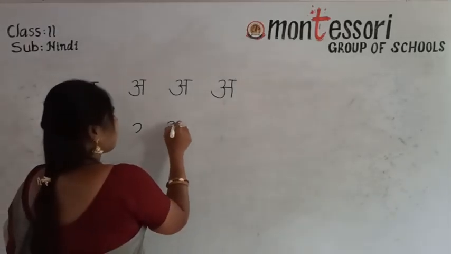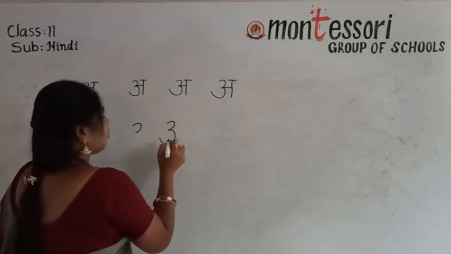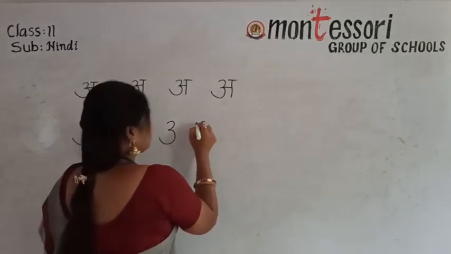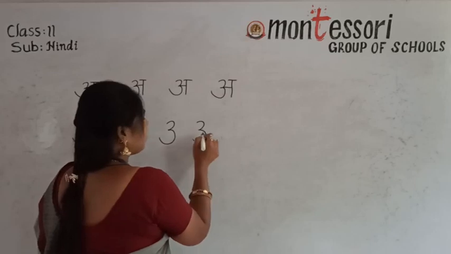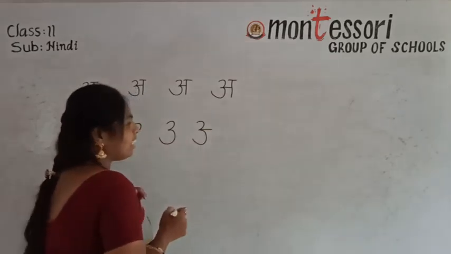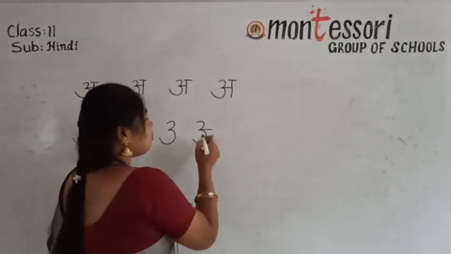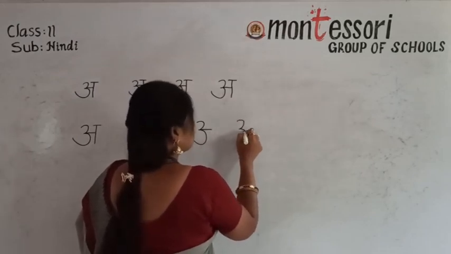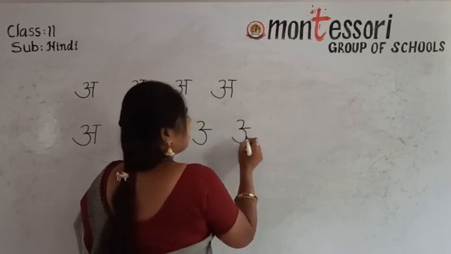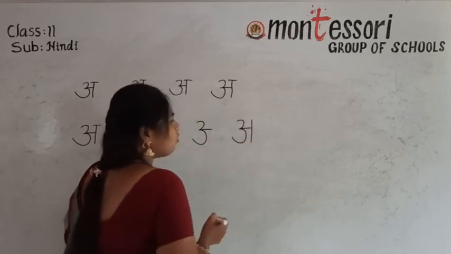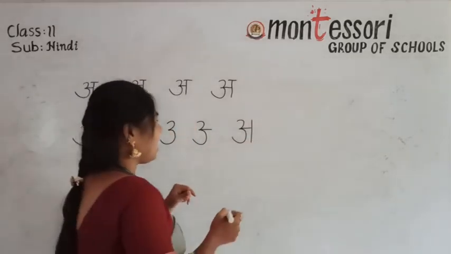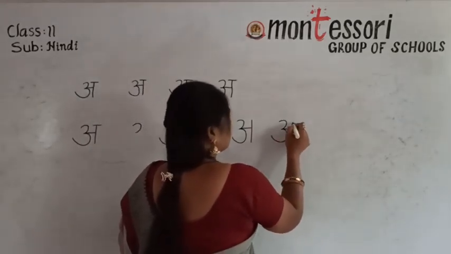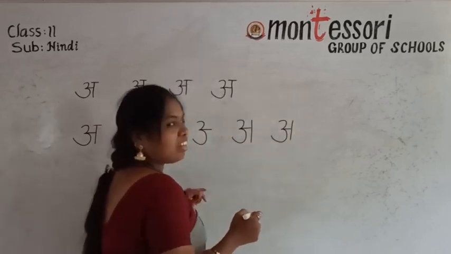In the second step, again a big semicircle like a 3. Then write a small line in the middle of these 2 semicircles. Next, add one standing line there. Then repeat this again while writing A.